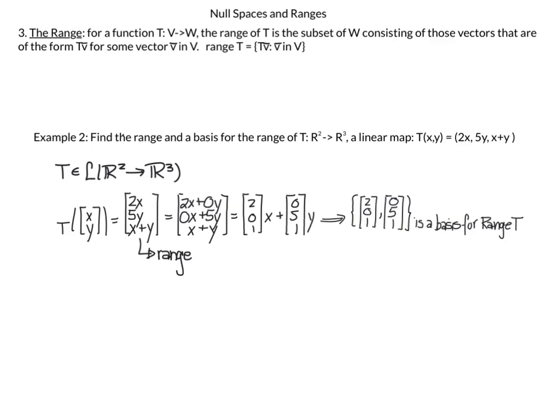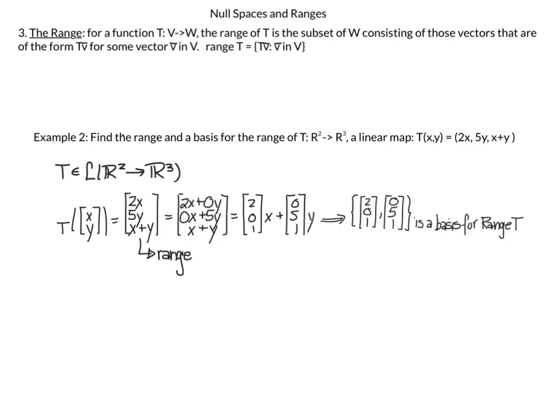We can find a basis then by separating out our x and y's. First I did this intermediary step of writing this so that each coordinate specifies the x and y component. So the first coordinate has 2x and it has 0y. The second coordinate has 0x and a 5y. And finally we have an x and a y.